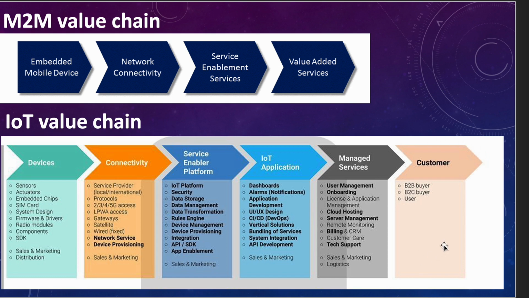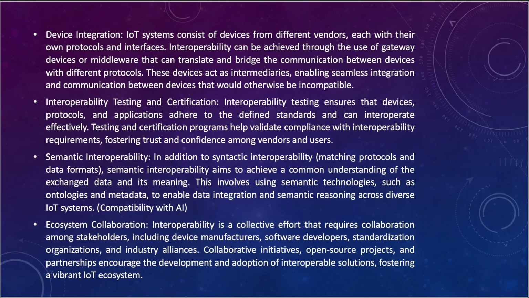If you get some information from another IoT system, you will be the customer of that IoT system's value chain, right? So it goes full circle. You will be taking that data from a different IoT value chain, then you will be adding your devices, connectivity, back end, front end, and your service providing to another customer. So now you can see why the ecosystem is important.